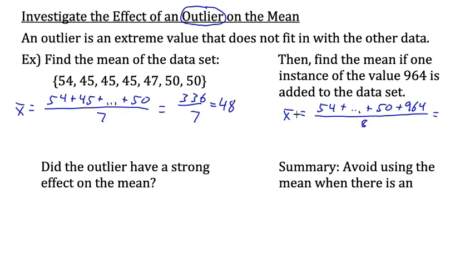When we add 964 to this previous sum, we get 1,300. And when we divide that by 8, we get 162.5. Take a quick note of how that compares to the previous mean. And did the outlier have a strong effect on the mean? Well, it sure did. The mean changed quite substantially when we just added this one value.